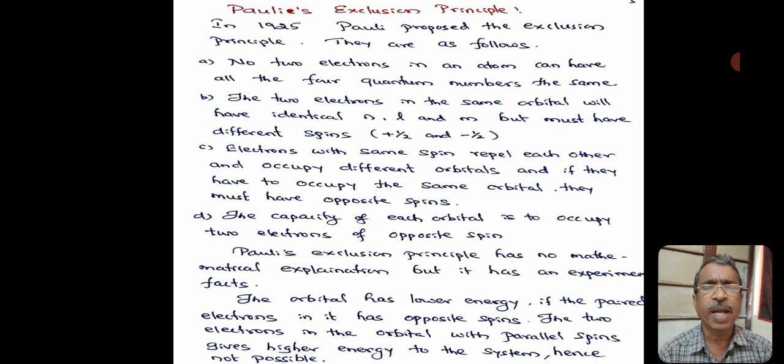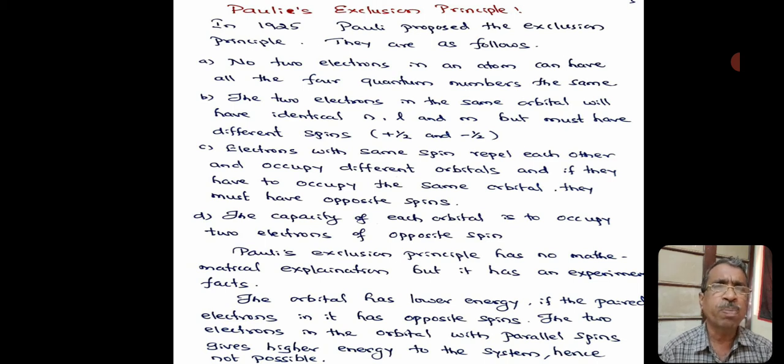The third way of explaining: electrons with the same spin repel each other and occupy different orbitals, and if they have to occupy the same orbital, they must have opposite spins. The fourth way: each orbital can occupy two electrons of opposite spin. These are the various ways in which Pauli's exclusion principle can be stated.